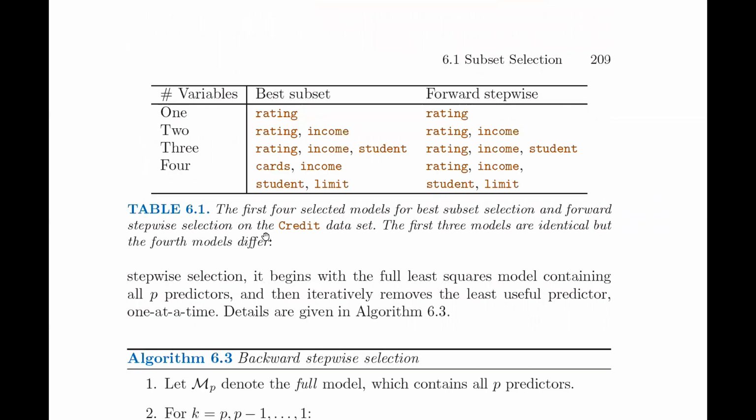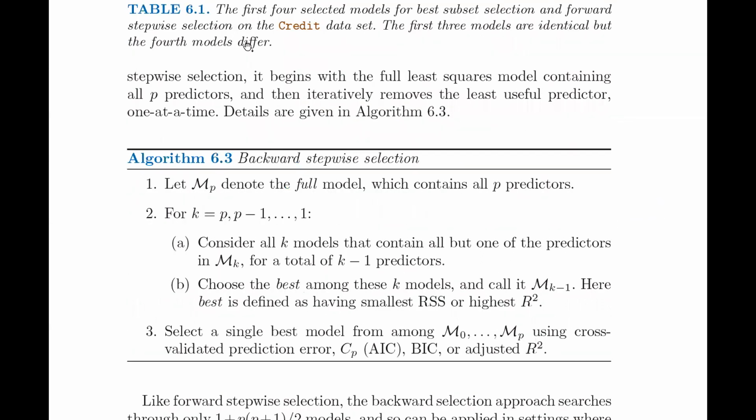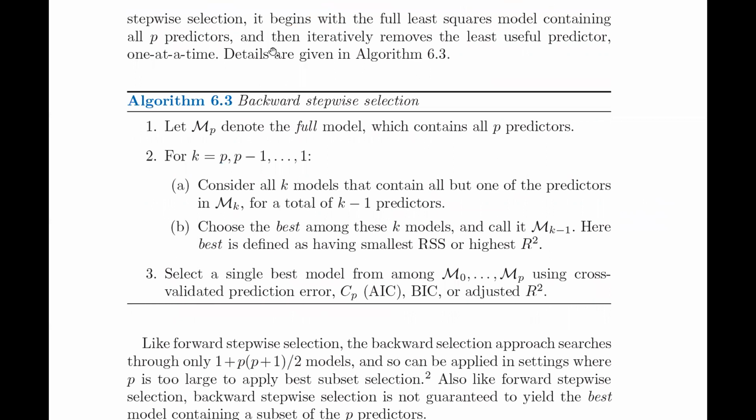However, unlike forward stepwise selection, it begins with the full least squares model containing all p predictors, and then iteratively, so that's your step 2, removes the least useful predictor, one at a time. Details are given in this algorithm.